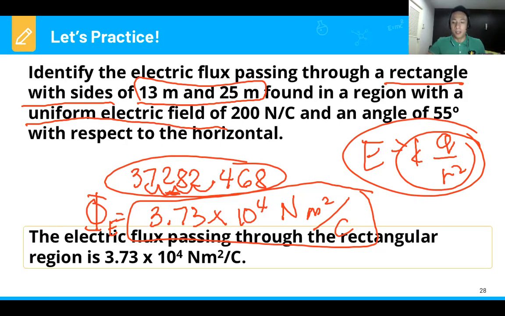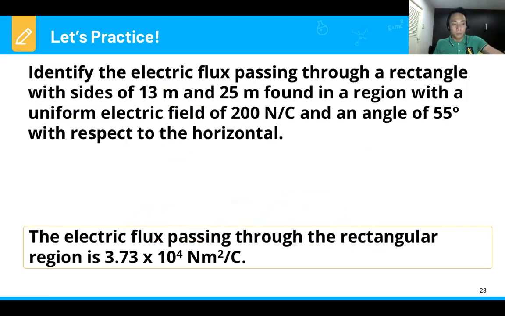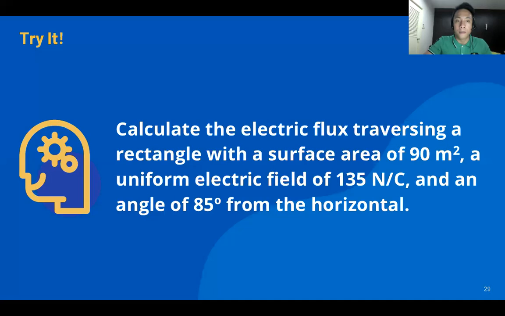Okay? Number 4 example. Kunin lang natin yung calculator, baka kailanganin natin siya. Ayan, last one. Calculate the electric flux traversing a rectangle with a surface area of 90 meters squared. So okay na siya, it's already given, the surface area.